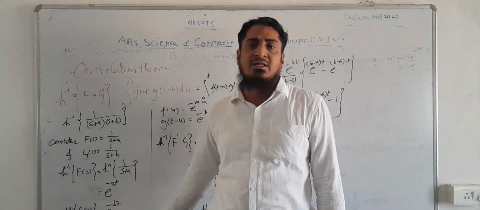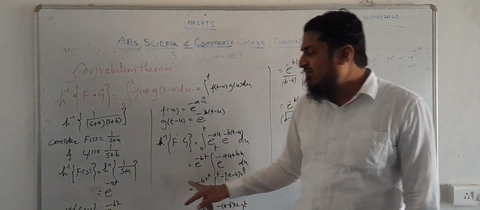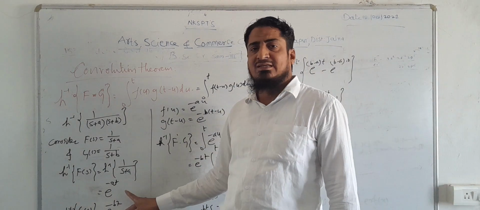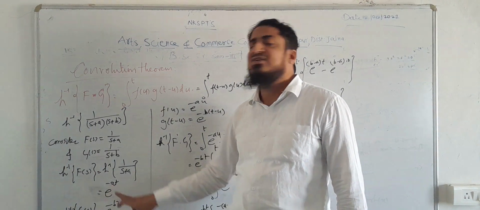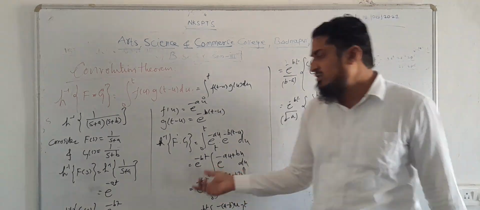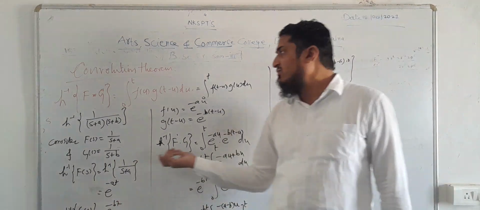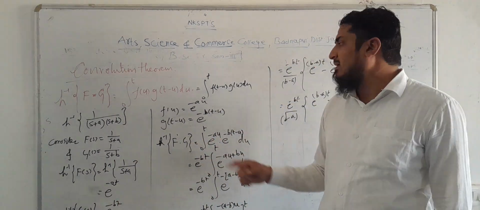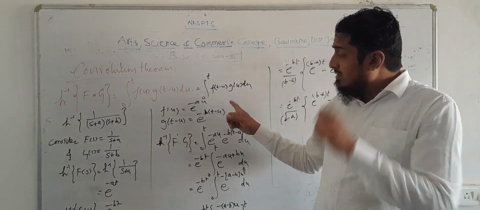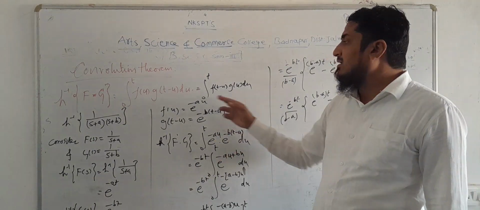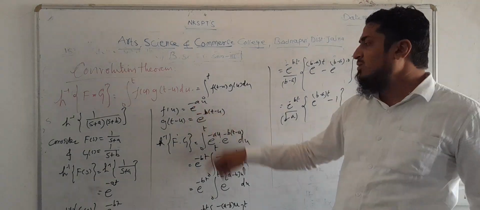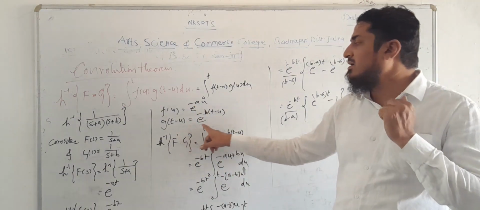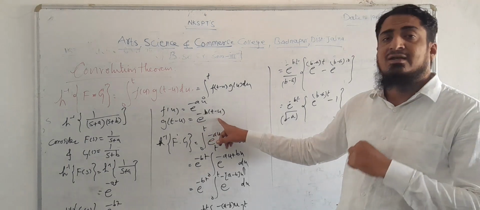Similarly, we will get e raised to minus bt. Both the results are similar, but only the coefficient of t is different. So we can choose f of u and g of u, any one of them, using the first formula. F of u becomes e raised to minus au and g of t minus u becomes e raised to minus b into t minus u.